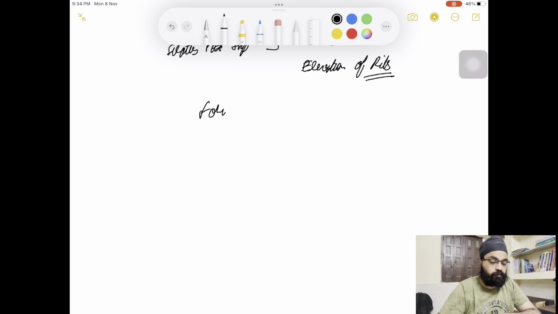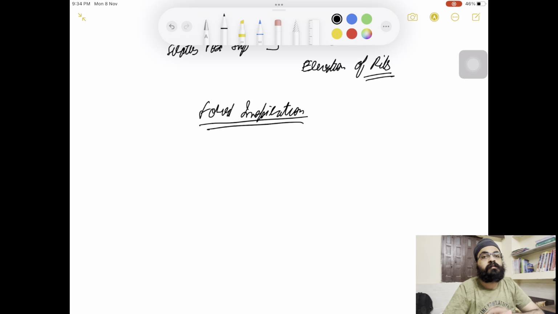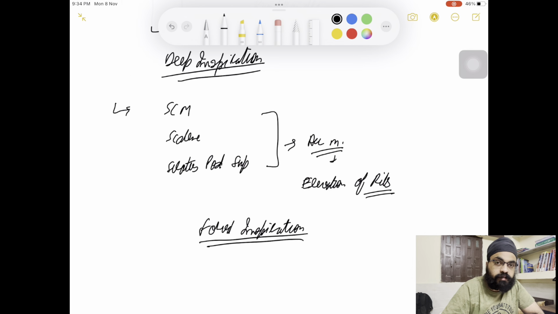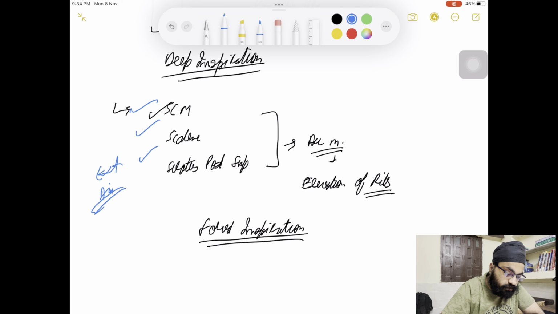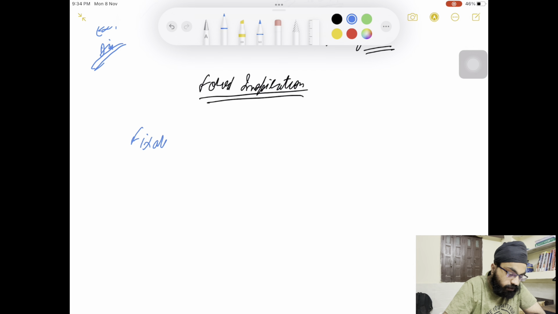Now we'll talk about forced inspiration. Forced inspiration is something in which you are able to inspire but you are trying to take more of it. That is basically required after some physical activity. So in forced inspiration, the muscles that are being used for deep inspiration, 1, 2, 3, plus external intercostal and diaphragm. Apart from that, firstly you need fixation of scapula.